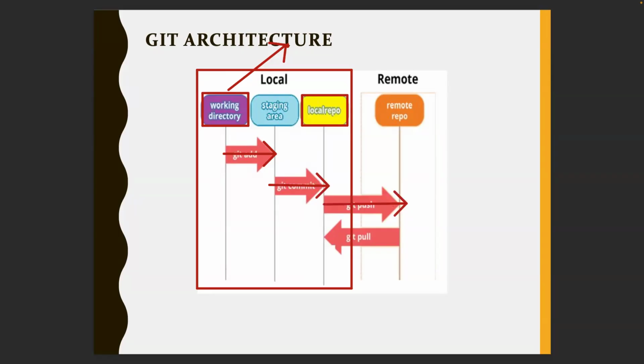It's like three steps before your changes go to remote. Is this much clear, everyone? From working directory to staging area to local repository to remote repository. This is called the Git tree or Git architecture, and that's how your changes navigate through each area.